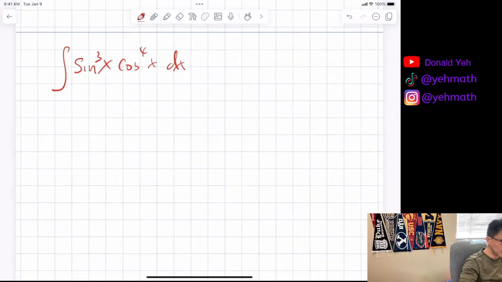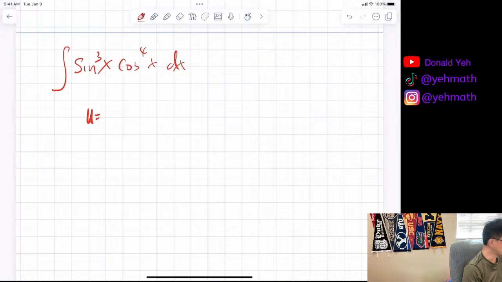So in this case, what does u have to be? Choose the odd one, because the odd one can split.